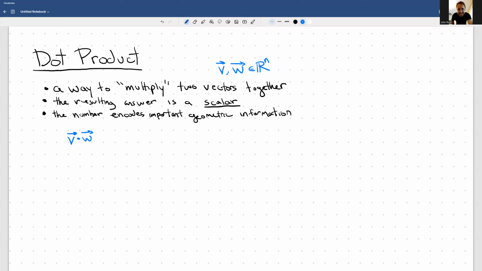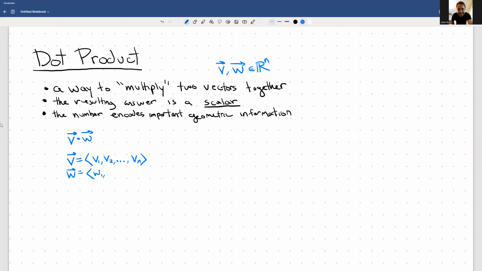So how do we go about doing this? Well, if these are n-dimensional vectors, we've got our vector v, which is this vector with all these different components. So let's say it's v1, v2, up to vn. So n components because it's n-dimensional. And then w is this other n-dimensional vector.